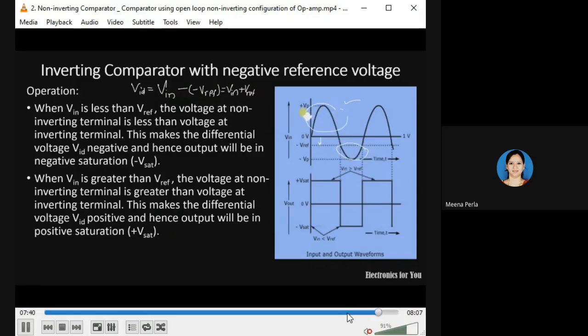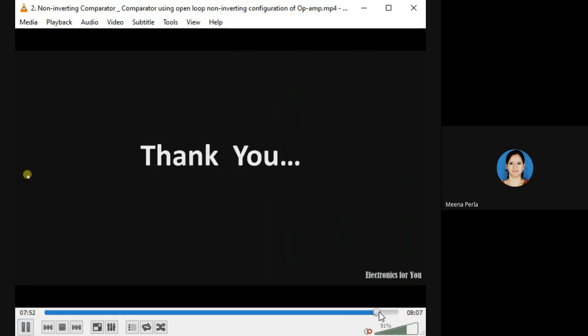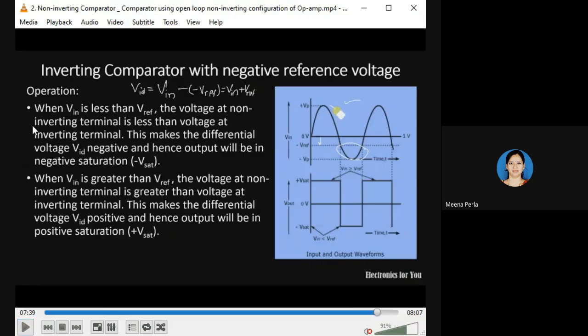Now we need to understand the different cases. When Vin is less than V reference, the voltage at the non-inverting terminal is less than the voltage at the inverting terminal, which will make your output minus V sat.